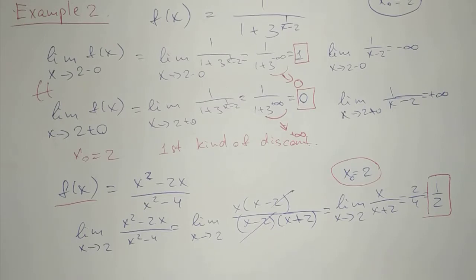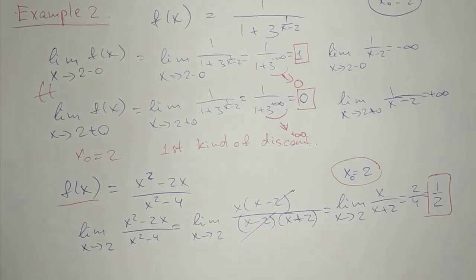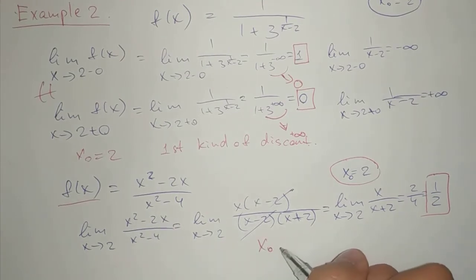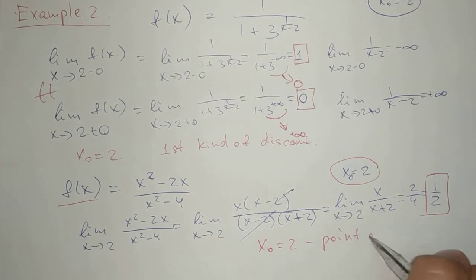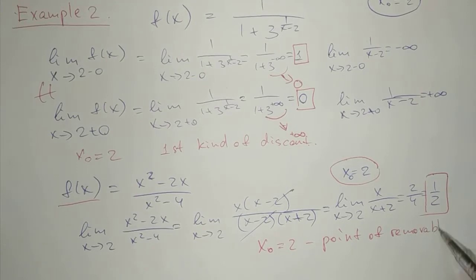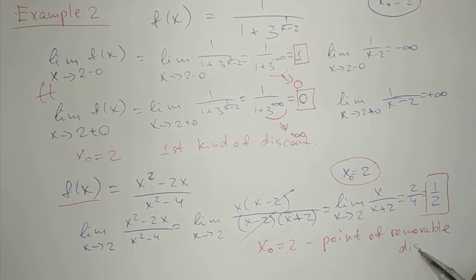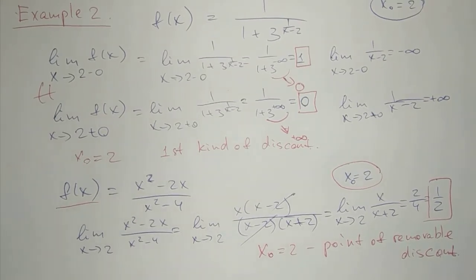Answer: x0 is a point of discontinuity, and it is a removable discontinuity point. So x0 is 2, the point of removable discontinuity.